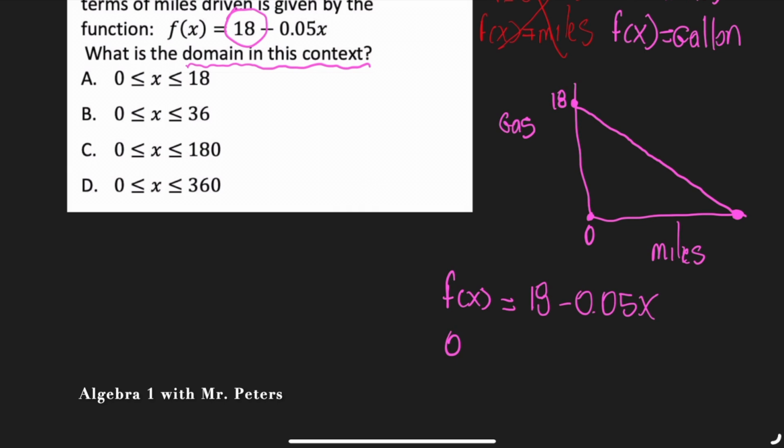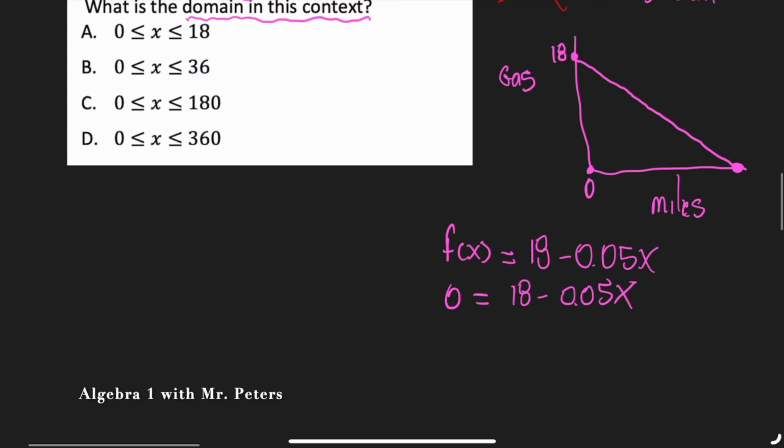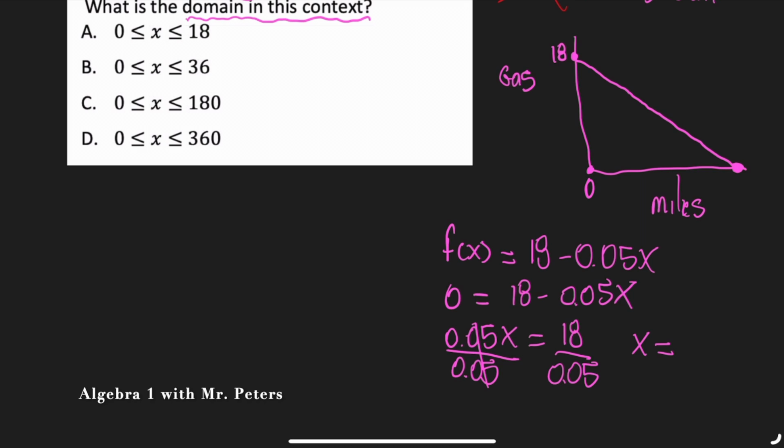So all right, we got 0 is equal to 18 minus 0.05x. We now go ahead and add 0.05x on both sides. So now it's positive: 0.05x is equal to 18. We now divide, and once we divide, make sure you get your calculator right. We've got to make sure it's right.